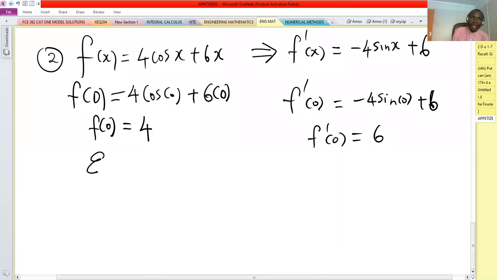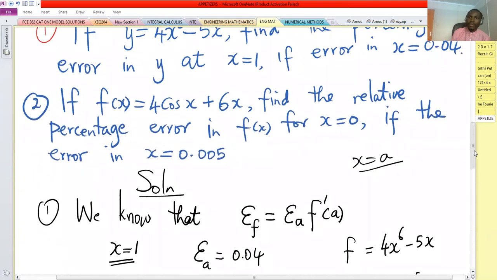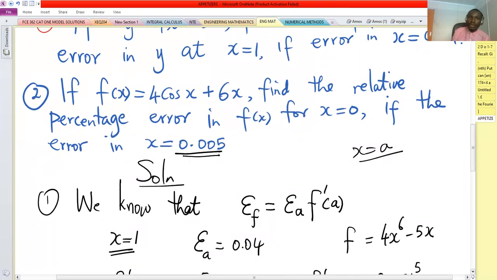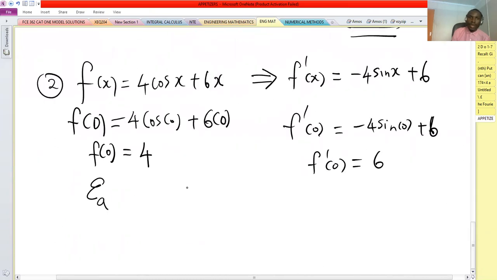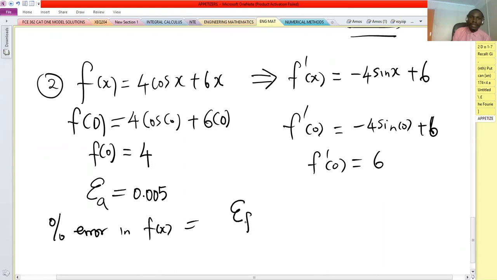And then you are told that the error at the point x equals 0 is 0.005. By definition, percentage error in the function f of x will be given by error in the function over the true value of the function multiplied by 100%.